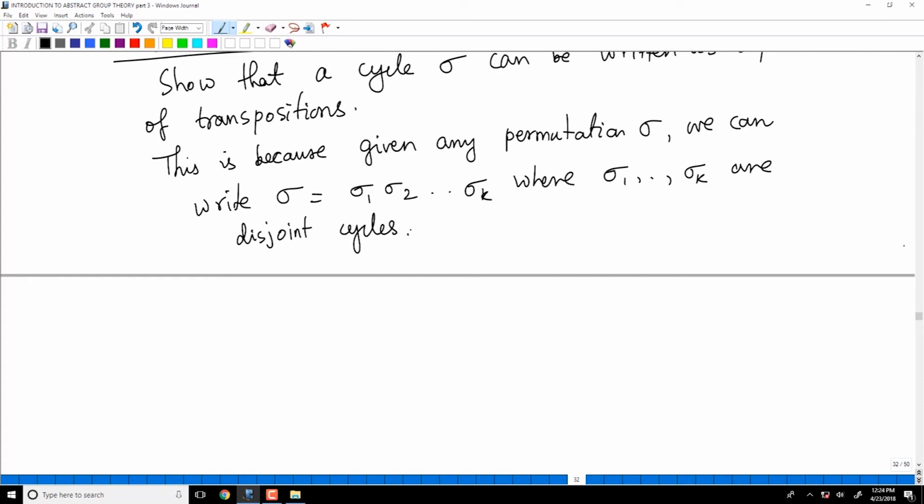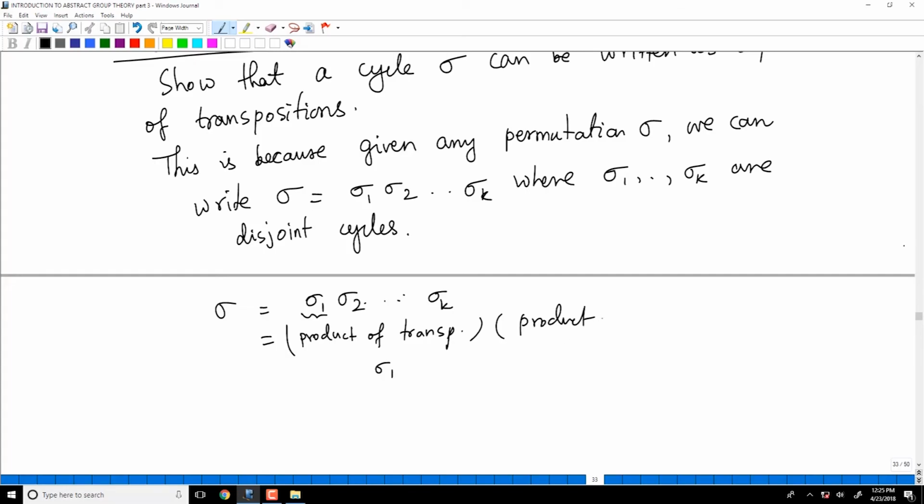Now suppose I prove that cycles can be written as a product of transpositions. So sigma 1 can be written as a product of transpositions, sigma 2 can be written as a product of transpositions, and so on.